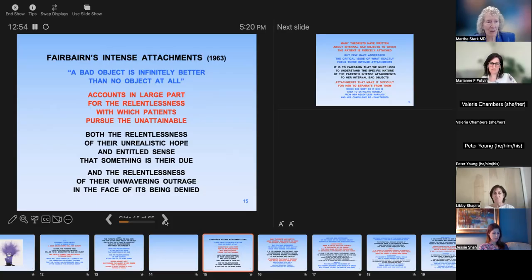Fairbairn's intense attachments. Said Fairbairn, as we know, a bad object is infinitely better than no object at all. And this is going to be totally relevant for the relentless hope and the relentless outrage, as we will see: the masochistic relentless hope and the sadistic relentless outrage. But I'm leaping ahead.